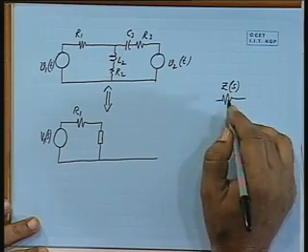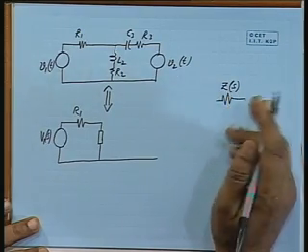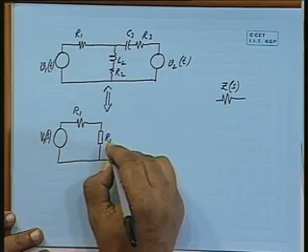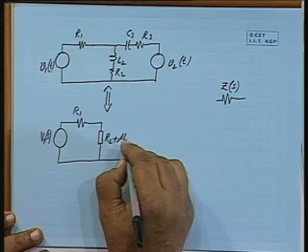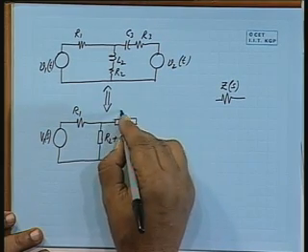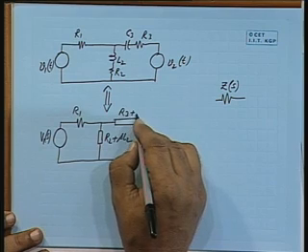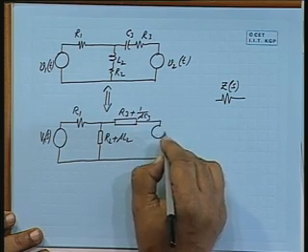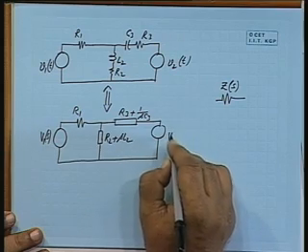It can be R, it can be sL, 1 by sC, or any combination. So, this is R2 plus sL2. Similarly, this one is R3 plus 1 by sC3, and this side you have got V2(s).